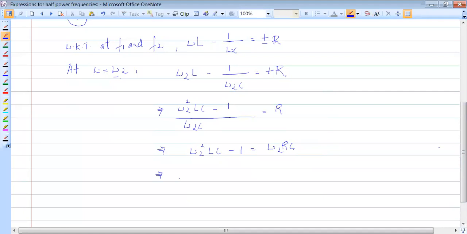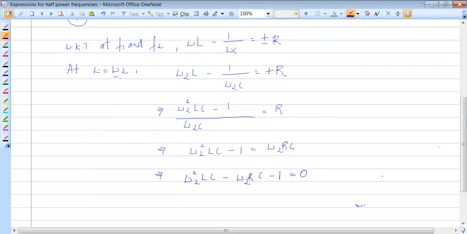This implies that we have omega squared LC minus omega RC minus 1 is equal to 0. So this is the quadratic equation. How do we find the roots of the quadratic equation? You remember this equation, everybody?